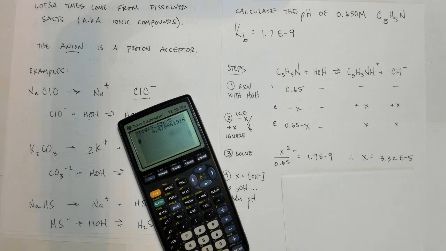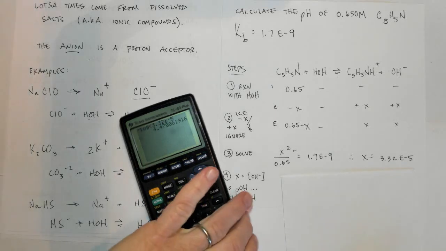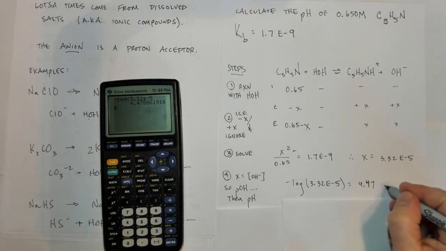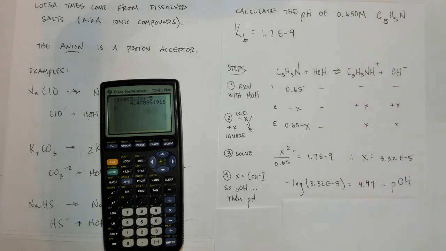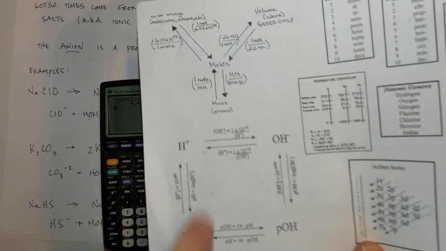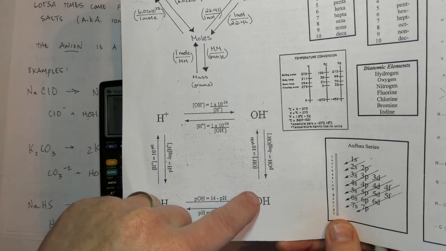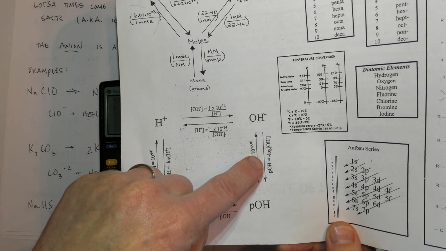And that would give me the pOH. And so the pOH would be equal to 4.47. If you're wondering where that calculation came from, remember I found the OH minus and I went to the pOH right here by following this arrow.